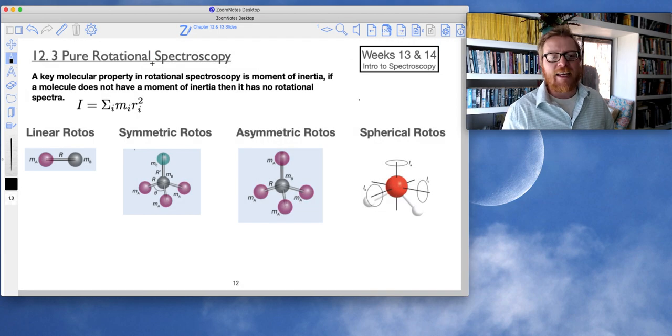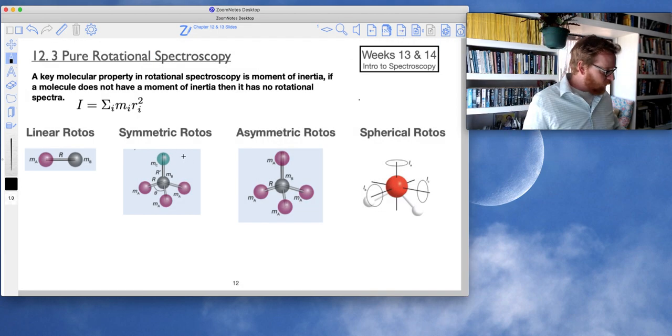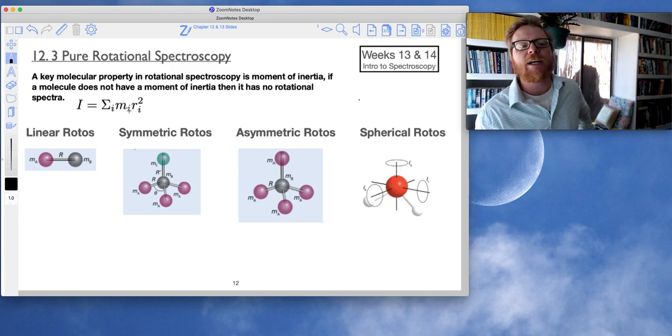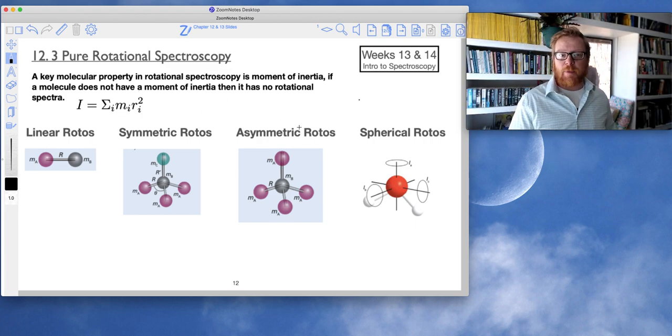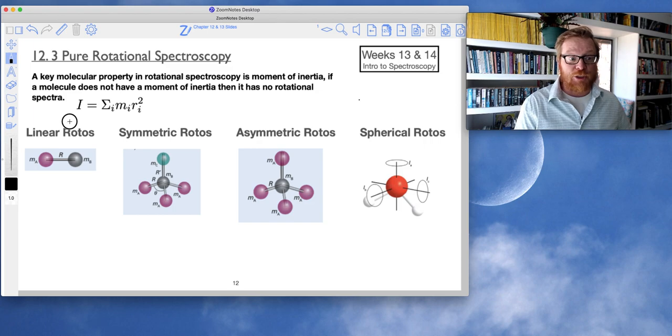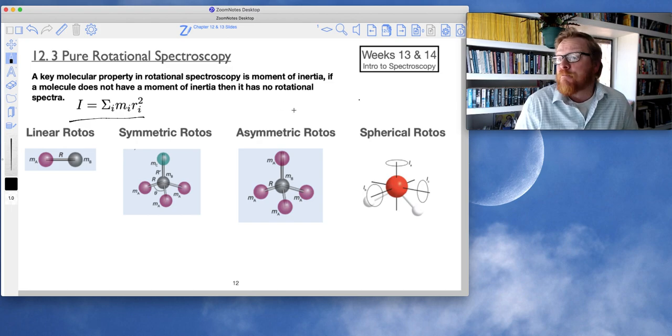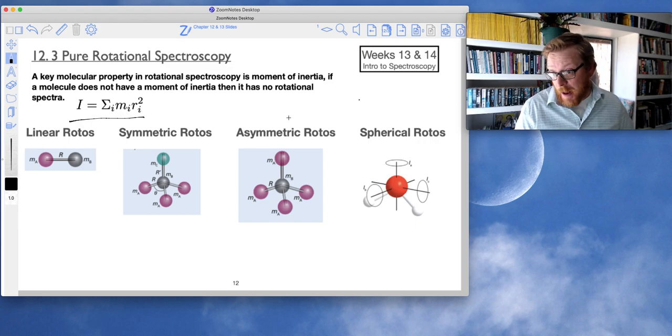So let's get into pure rotational spectroscopy. All right? So the key molecular property in rotational spectroscopy is the moment of inertia given by a sum of m r squared. Okay? And so if a molecule doesn't have any moment of inertia, then it doesn't have a rotational spectrum.